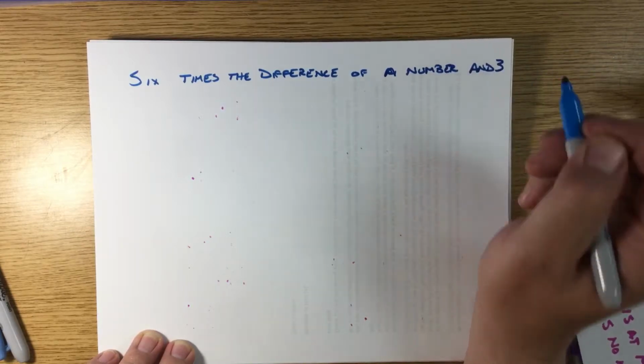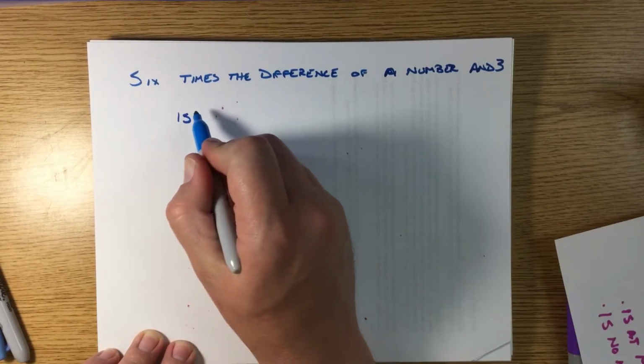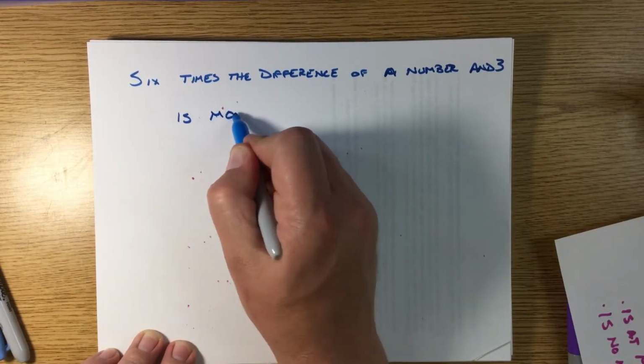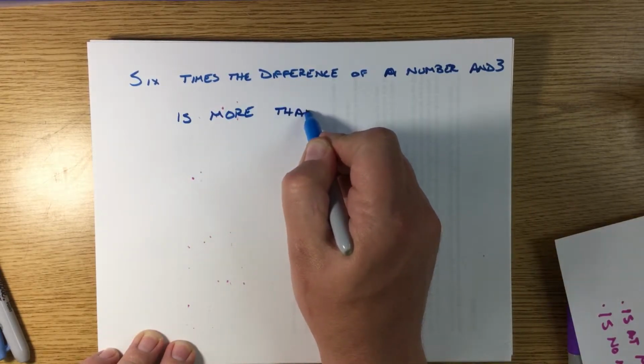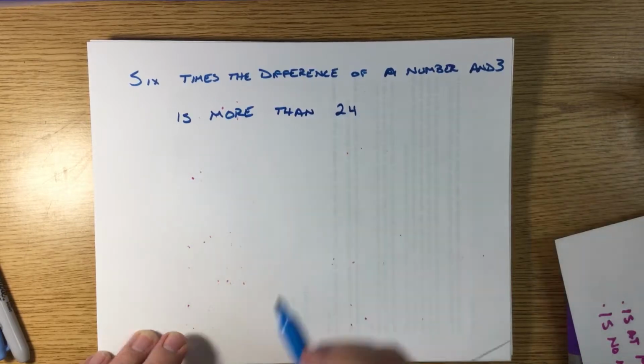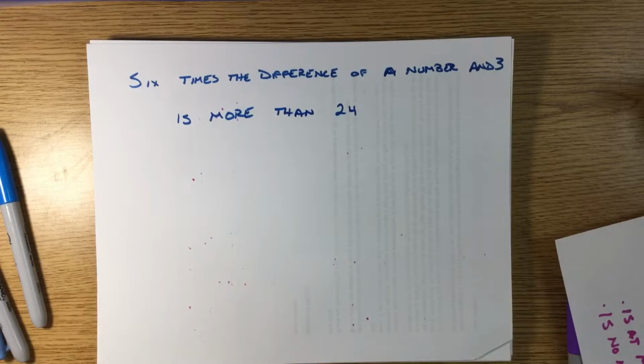I'm running out of room. Okay, so what we're going to do is try to pick apart this sentence and see what we can come up with.